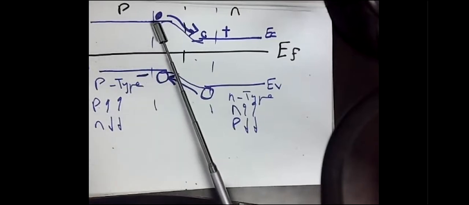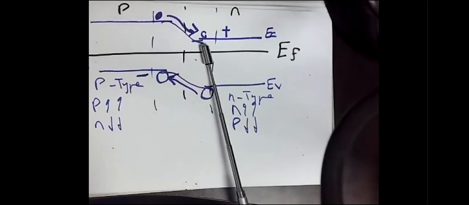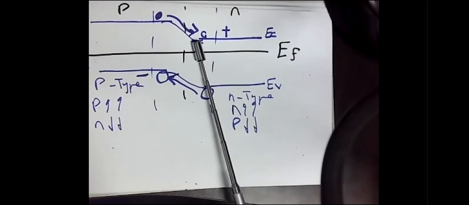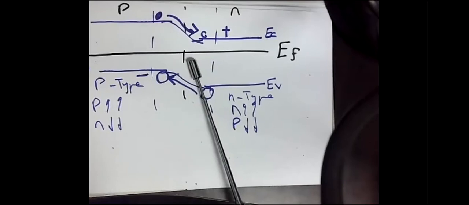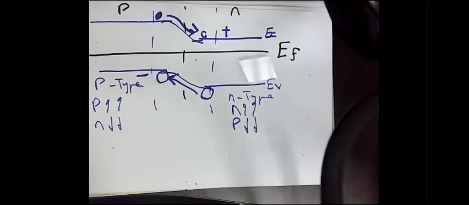You have electrons who are moving from here to there. But this is the drift current. Please don't forget the diffusion current. Do we have diffusion? Of course. Why should we have diffusion?